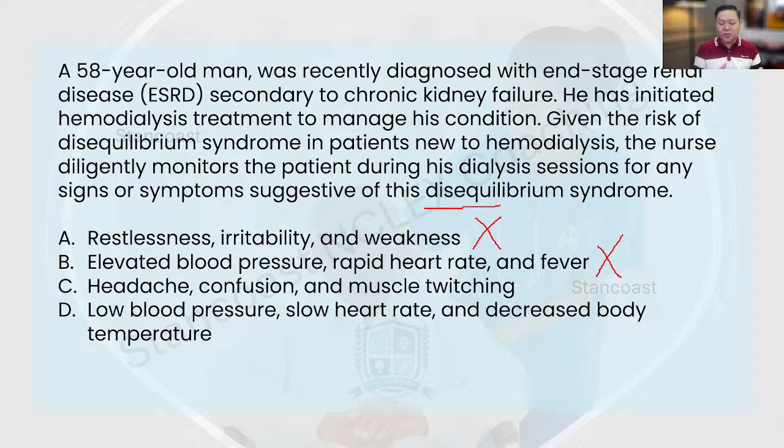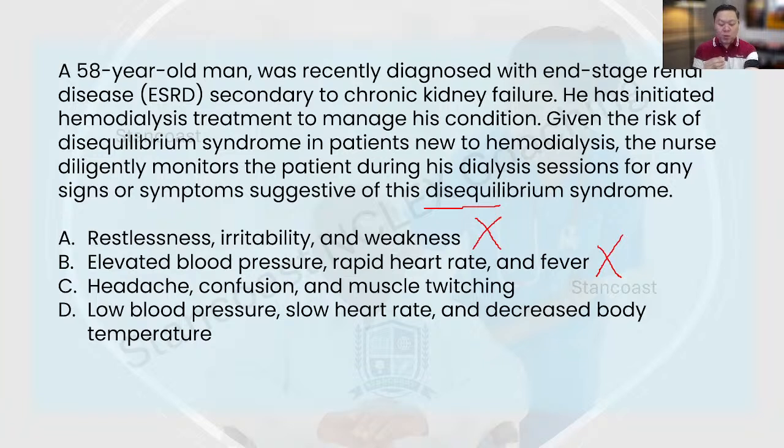Their body is already used to elevation of the blood urea nitrogen most of the time, and so if there is now a filtration, removal of the blood urea nitrogen at a certain rate, their brain will respond to it very differently. It can cause some changes in the central nervous system, and it can cause headache. It can cause confusion. It will lead to muscle twitching. And the other neurological symptoms also associated with the disequilibrium syndrome come from the osmotic changes in the brain cells.